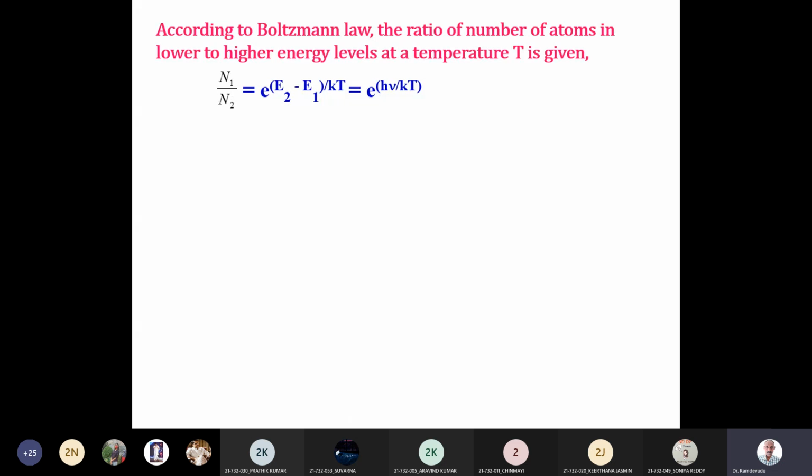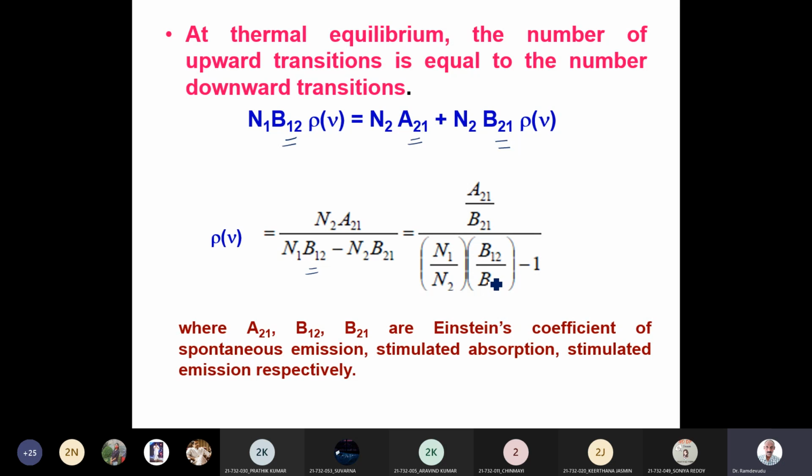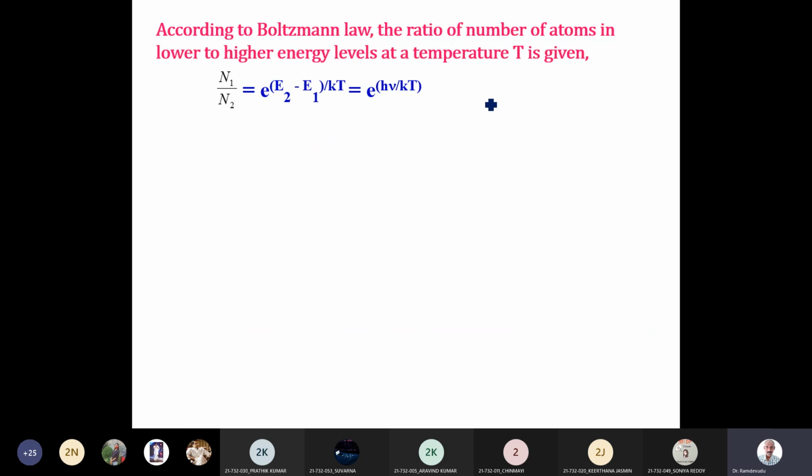Boltzmann law states that the number of atoms in the higher energy level varies something like this. Therefore, I put N1 by N2 there, because in the previous one we have N1 by N2. So Boltzmann law states that the number of atoms in the higher energy level N2 is always a small fraction of N1. What small fraction?